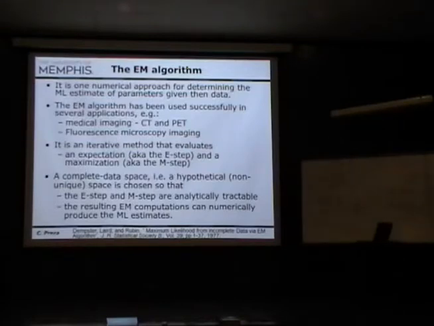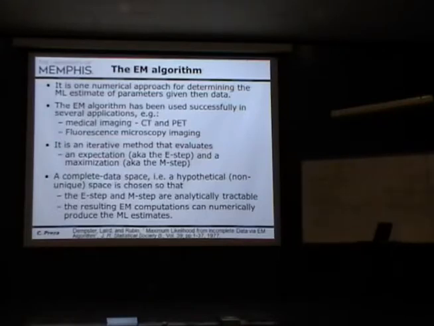What we measure in our observation or our data is most of the time incomplete, for various reasons. But when we sit down to write a solution using this approach, we can come up with a hypothetical data space that is more complete. This is one of the advantages here.